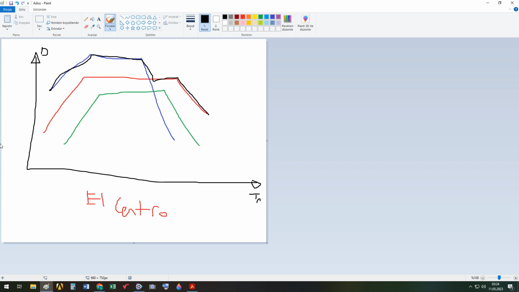But the values here are too much in comparison to the values you see here. That's why this is a very expensive solution. Better don't use a response spectrum like that.